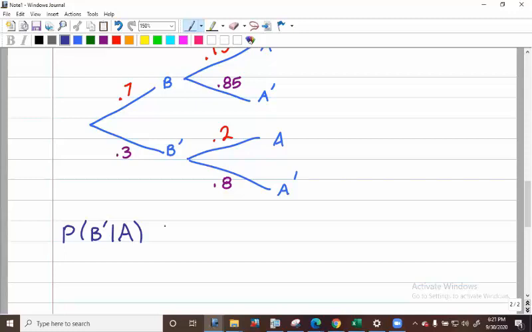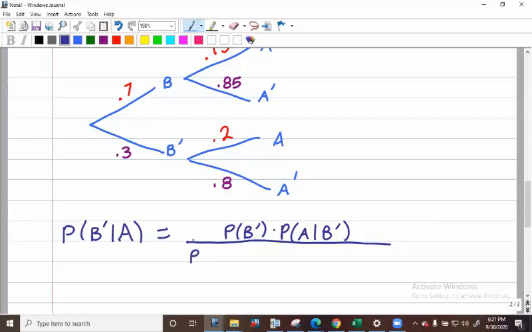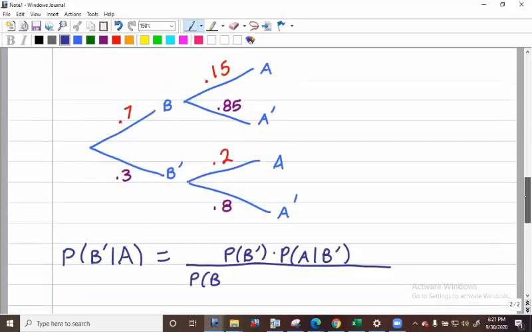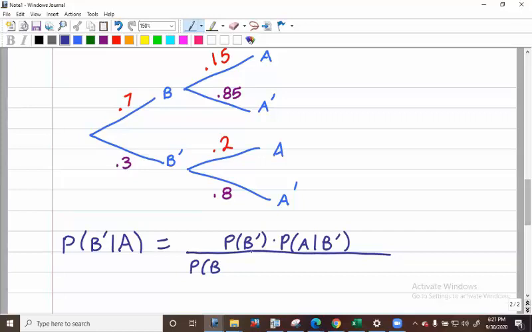Okay, so let's see what we got. We're going to have P of B prime times P of A given B prime. Now everything that leads to A on the bottom: P of B, the order doesn't matter here, so I'll do the P of B just because it's at the top of my tree.